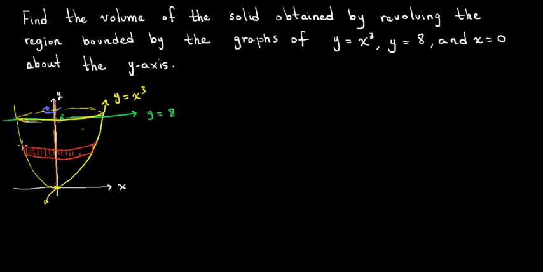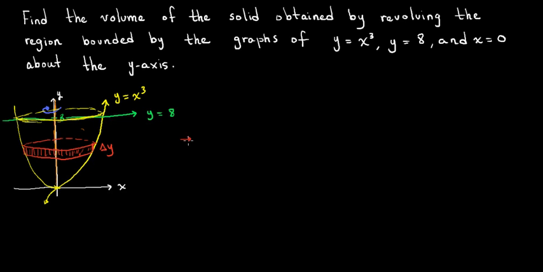Keep in mind that we're assuming it's a perfect cylinder here. Usually we call the thickness delta x, but since we're doing this with respect to the y-axis, we're going to call this delta y. It has a thickness of delta y, because we're on the y-axis.